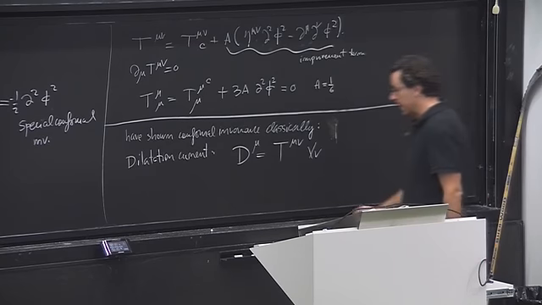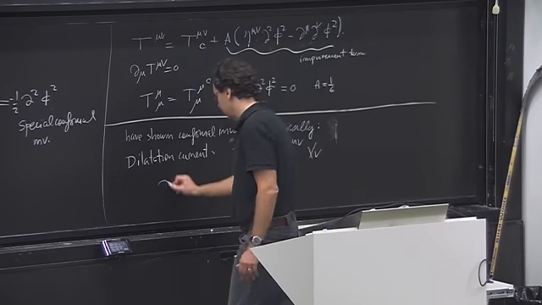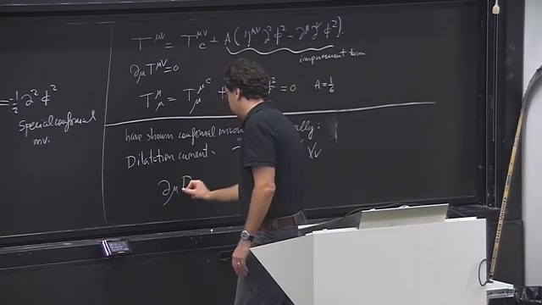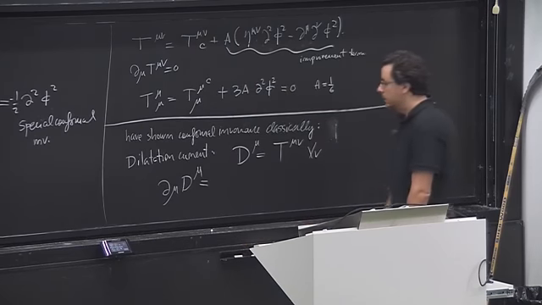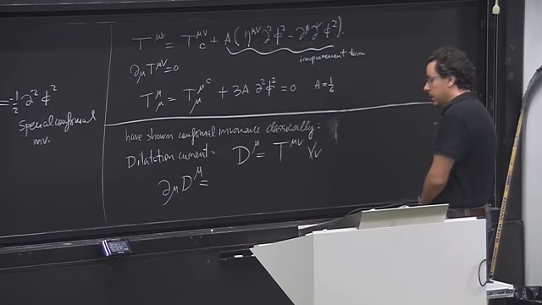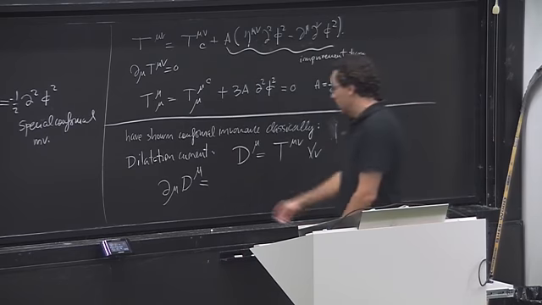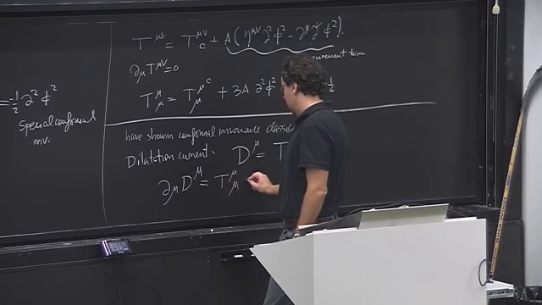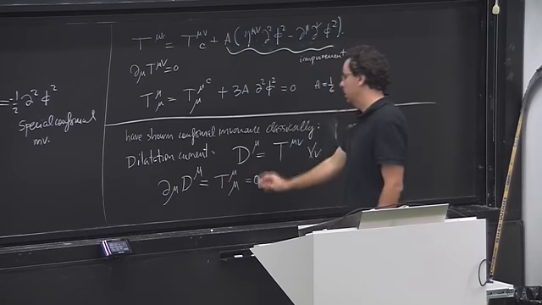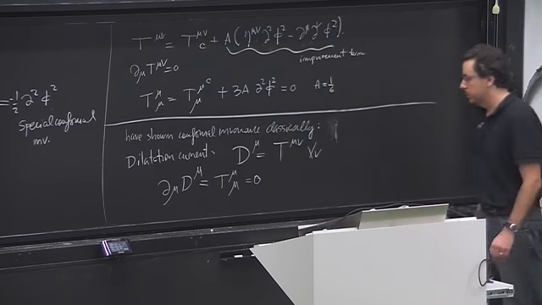And what we've seen is that classically, the divergence of J mu equals the trace of the stress tensor, which we have shown vanishes if I use this improved stress tensor.